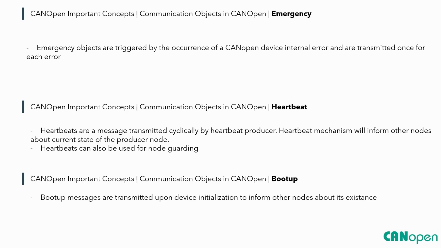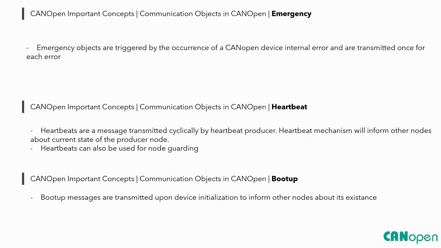And yeah, that's it. Then we have the heartbeat. As we talked about a bit before, heartbeats are periodic packets transmitted in the network, and their main use case is to inform others about their state.